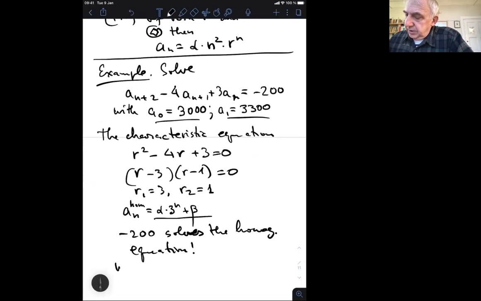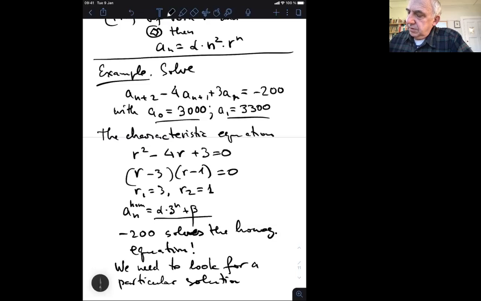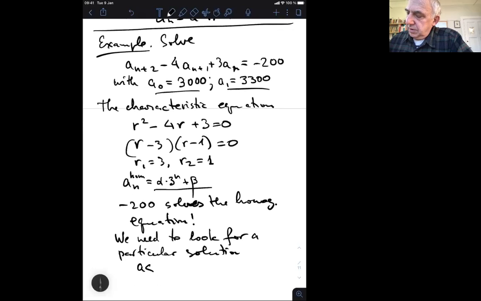We need to look for a particular solution as some constant, I don't know, gamma times n. Okay, let's see what gamma will work for us.